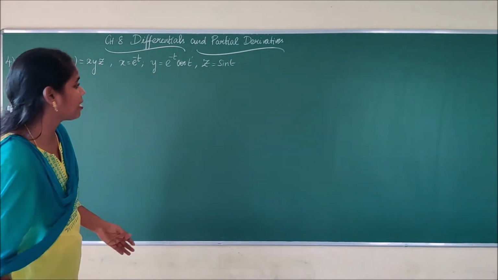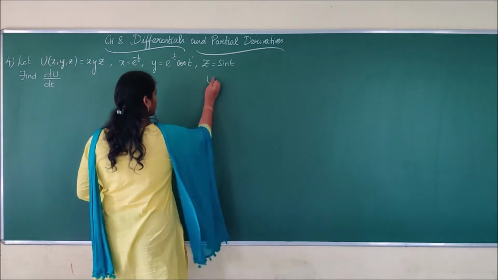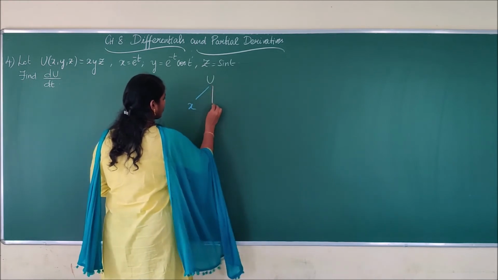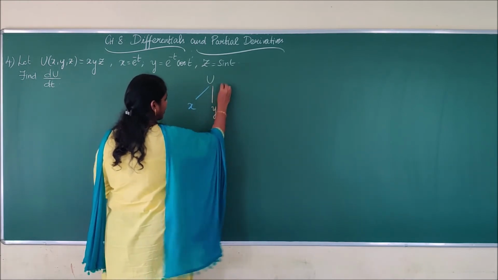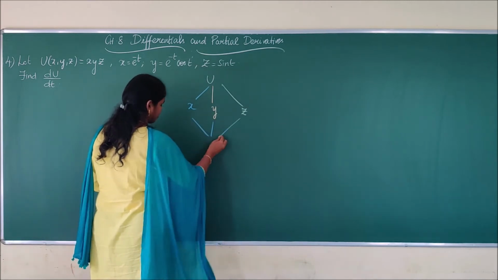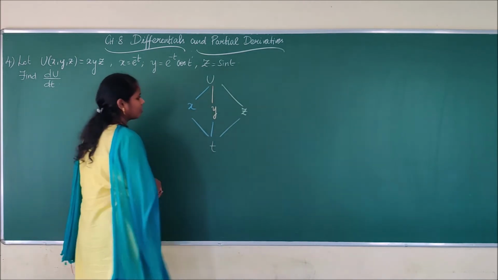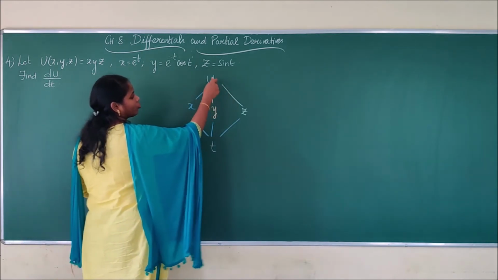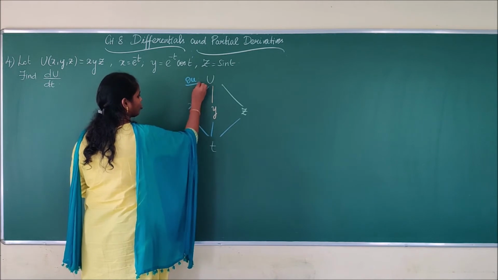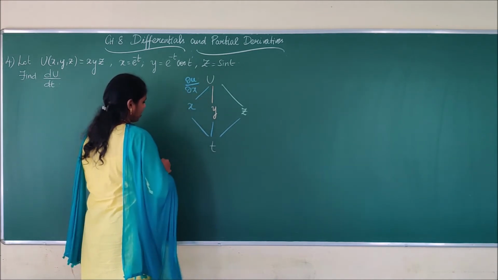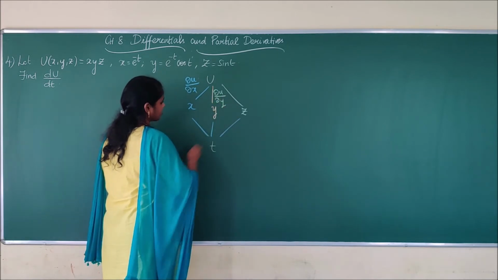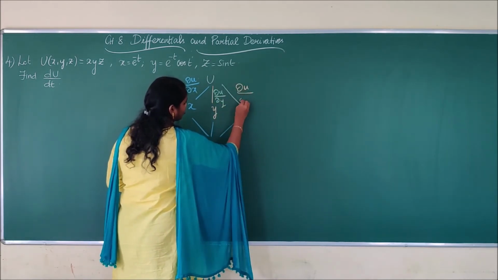First, I have considered u. u is a function of x, y and z, and all 3 depend upon t. Now see, u has 3 variables, so I will be taking partials: dou u by dou x, dou u by dou y, and dou u by dou z.